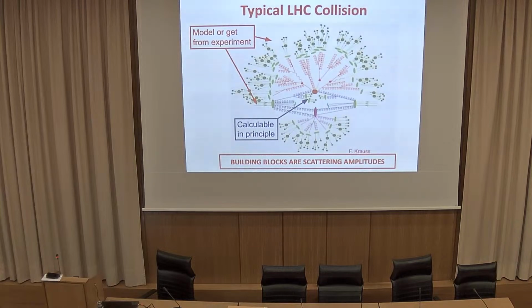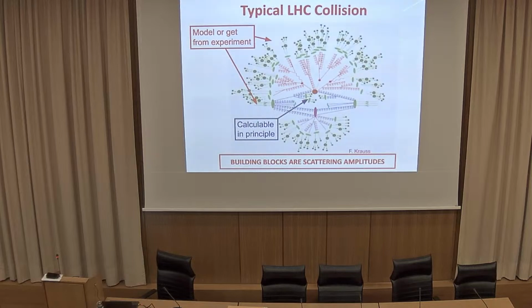If you look at typical LHC collisions, it looks like a mess of interacting particles. However, there are lots of things that go into the actual theoretical calculations contributing to these various processes. One of the aspects, the skeletons or the building blocks of these interactions, are the scattering amplitudes.